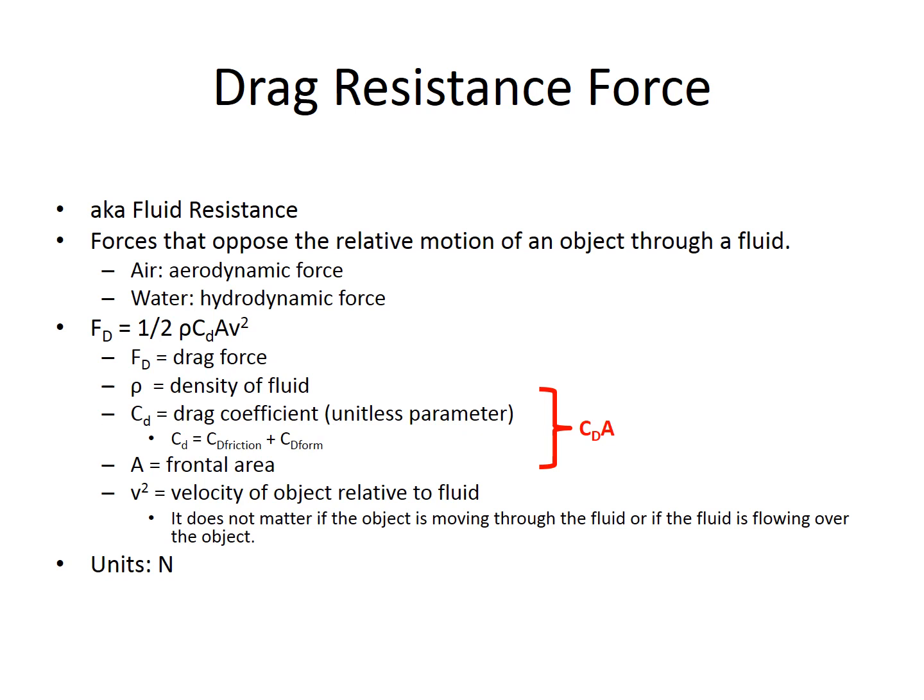Collectively, we will refer to CdA in the real world because they're often hard to separate from each other, and they're easier to measure collectively. And then V in that equation is the velocity of the fluid over the object, and we square that unit. And units for drag force are newtons.